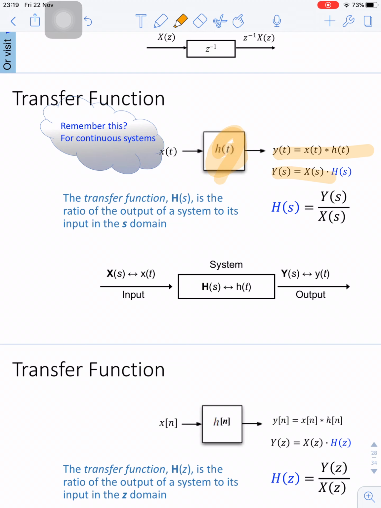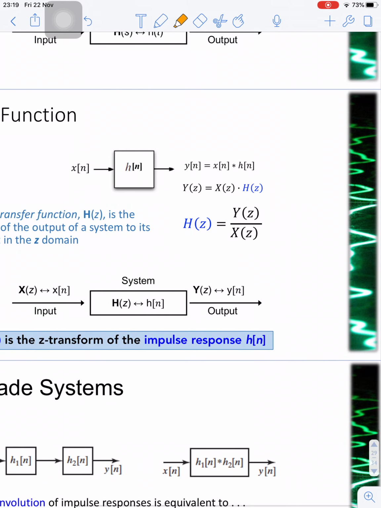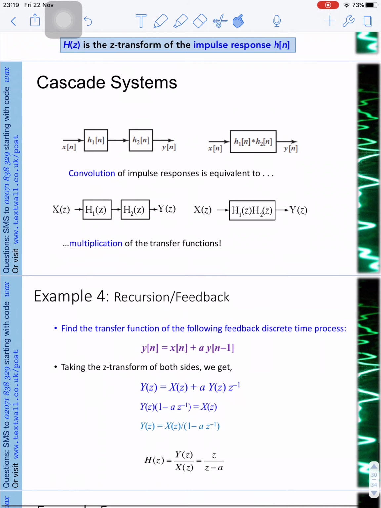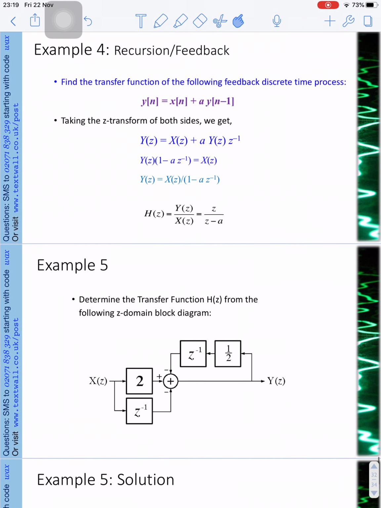Y(s) is just X(s) times H(s), and correspondingly in the z domain we are going to have the transfer function instead of s, and similarly we can also do the cascade system in the Z transform.